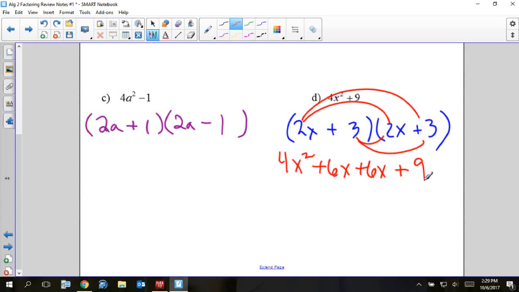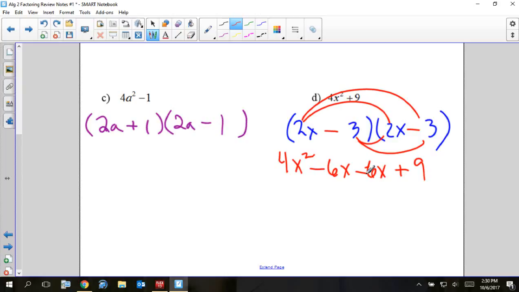There should be a negative in there somewhere. So should I make this minus 3, minus 3? No? Why? What happens if I make it minus 3, minus 3? What am I stuck with now? Do I have them canceling out in the middle?